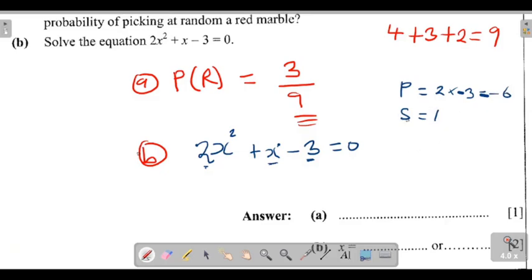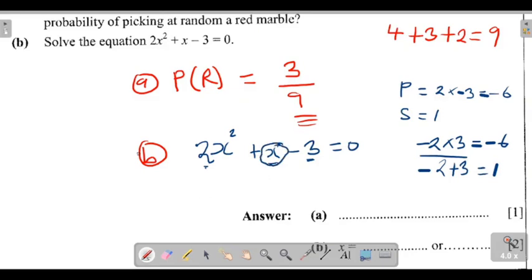Now come up with two numbers such that when you multiply them you get negative 6, and when you add them you get positive 1. Those numbers are negative 2 and 3: negative 2 times 3 gives negative 6, and negative 2 plus 3 gives positive 1. So these are the factors that you are going to replace here.